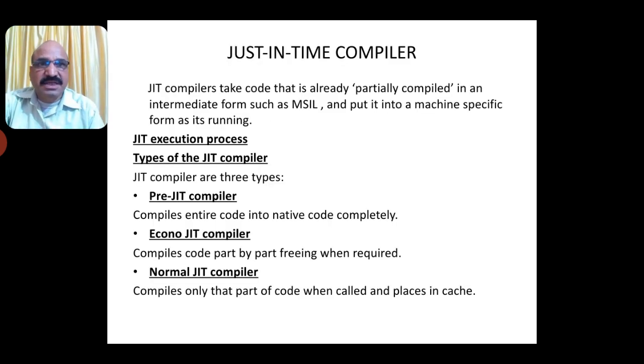Now in the next slide: what is the just-in-time compiler? The just-in-time compiler takes code that is already partially compiled, that is MSIL code, an intermediate form, and puts it into a machine-specific form as it runs. JIT is the process of compiling MSIL code units just when needed at runtime.